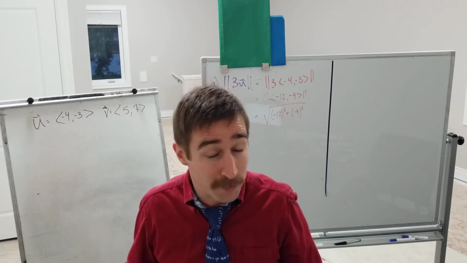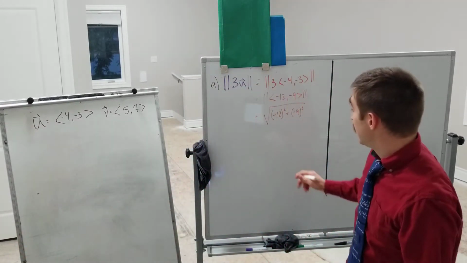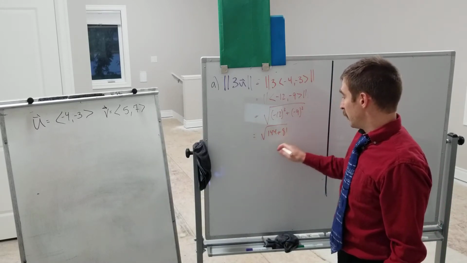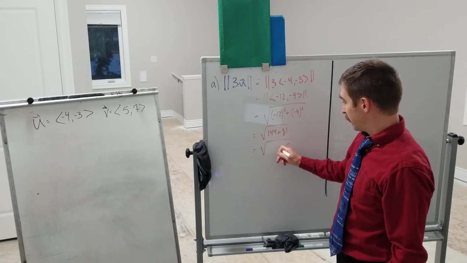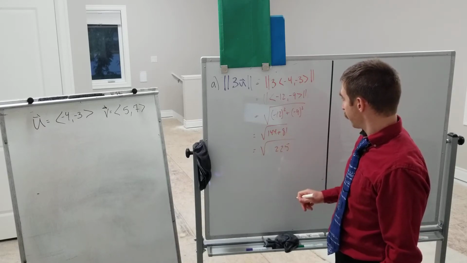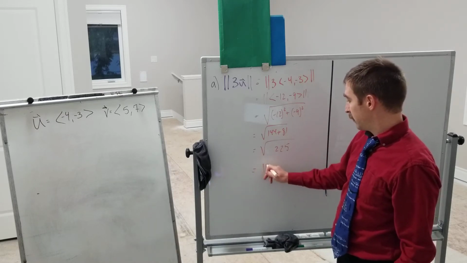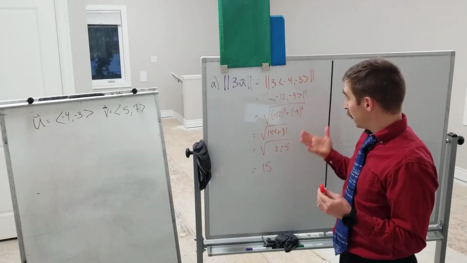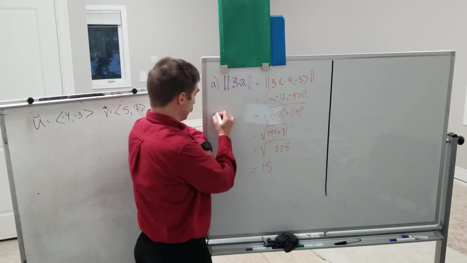You can do +12, +9, because squaring a negative is the same as squaring a positive. Right? We're going to get square root of 144 plus 81, square root of 225, and that is 15.